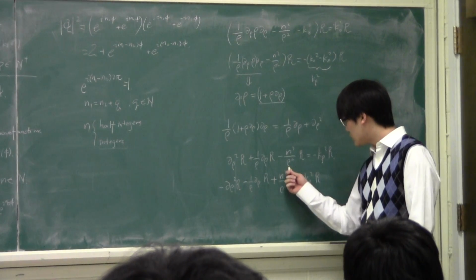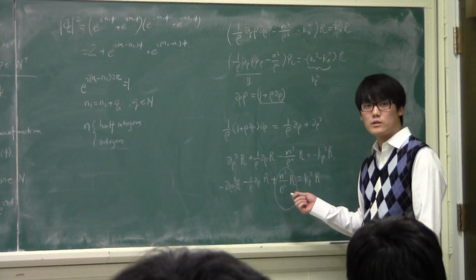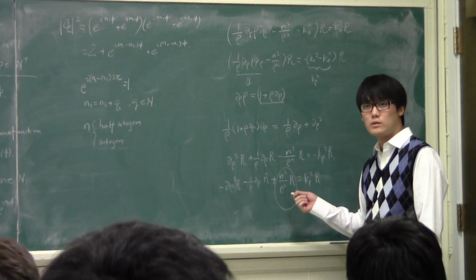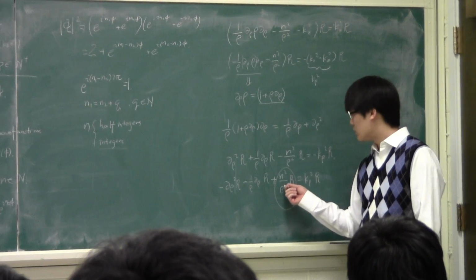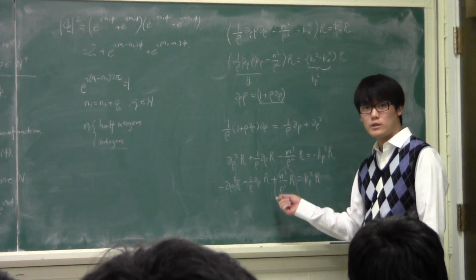So notice, what is this term? This is some kind of potential energy because it's only a function of rho squared. It's only a function of rho. We don't have rho derivatives in here.